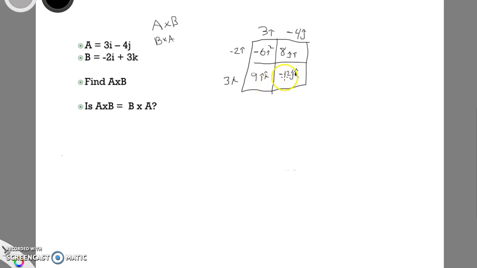Okay, and so let's write these out. We have negative 6i squared plus 8ji plus 9ik minus 12jk.